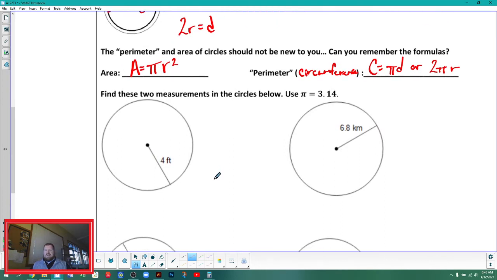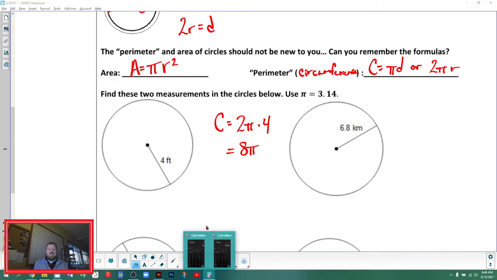So in these ones here, I want to find circumference and area. For this one, I have the radius. So I'm going to use the radius formula for circumference. So we're going to say 2 pi times 4, which you'll see a lot in higher levels of math that they'll leave as 8 pi.